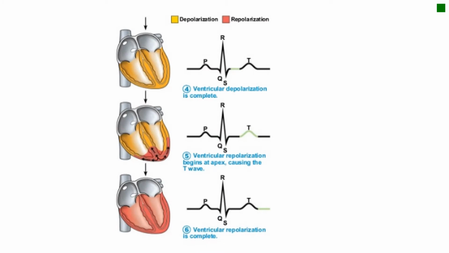Next, there's the depolarization that happens in the ventricles, and then the repolarization that begins, which creates the T wave, and that's the complete electrical cycle in the heart.